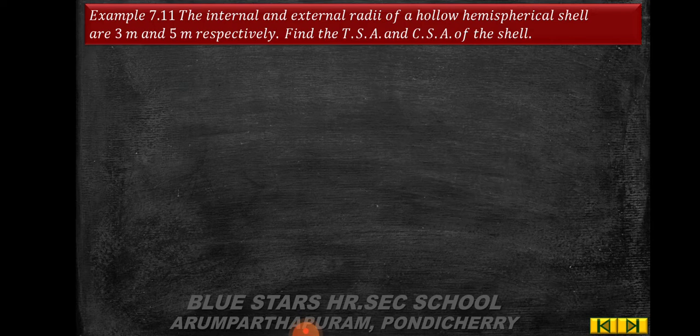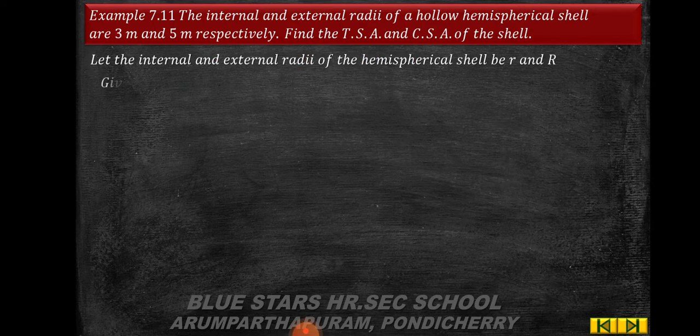Example 7.11. The internal and external radius of a hollow hemispherical shell are 3 meter and 5 meter respectively. So find the TSA and CSA of the shell. Let the internal and external radius of the hemispherical shell be small r and capital R. Given capital R is equal to 5 meter and small r is equal to 3 meter.